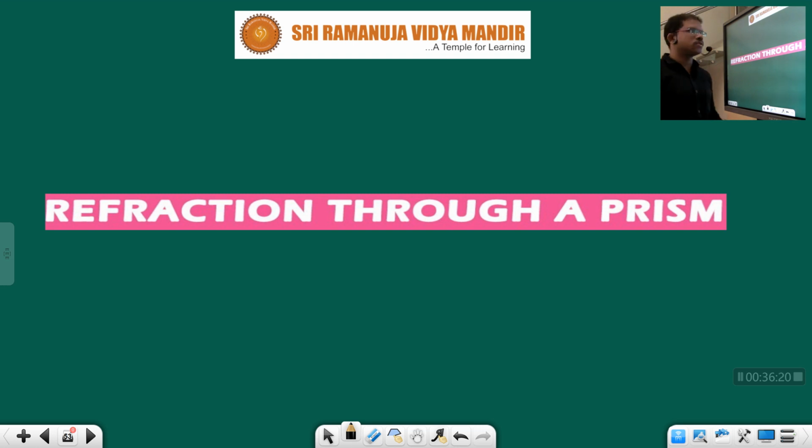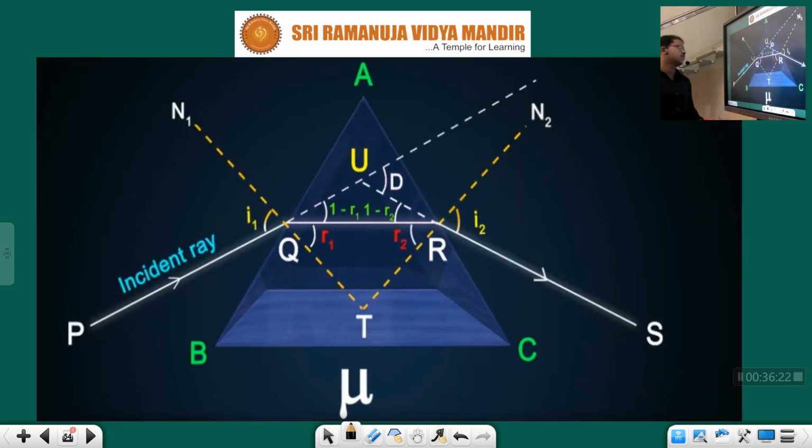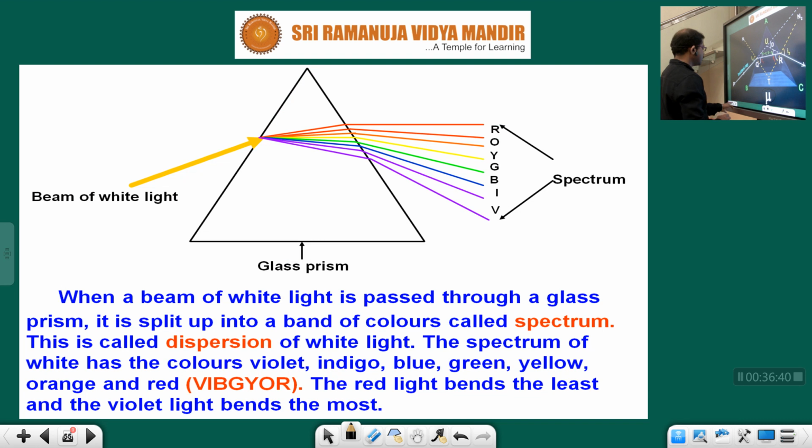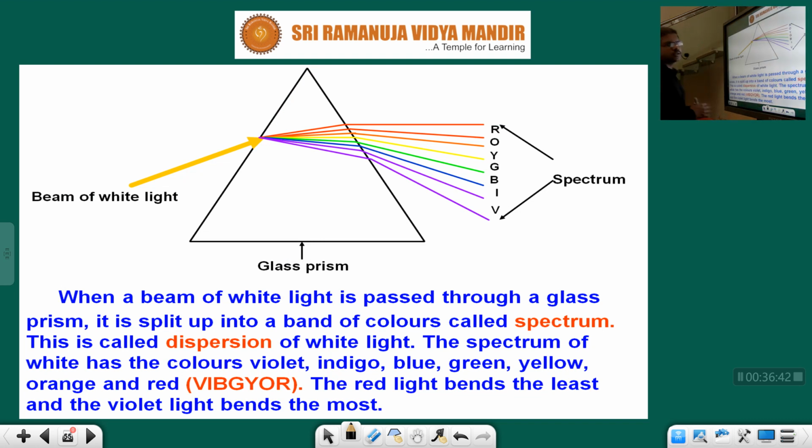Next, refraction through a prism. See children, in the previous lecture I already explained refraction through a prism, and problems were also completed based on that. So see children, we are about to find the refractive index mu. Why are we specifically reading about this prism? Whenever white light enters through the prism, it splits into a spectrum, children, different colors, 7 colors.